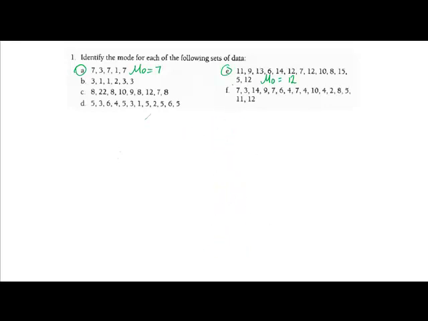Let's make some room. Let's go ahead and do C. Looking at the set of numbers, I want to say it's 8, just because I see 8 the most. But again, we've got to double check. Let's do this the right way. So I have 8, and I've got 22. I've got another 8.